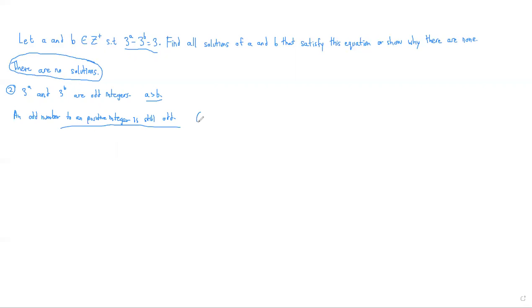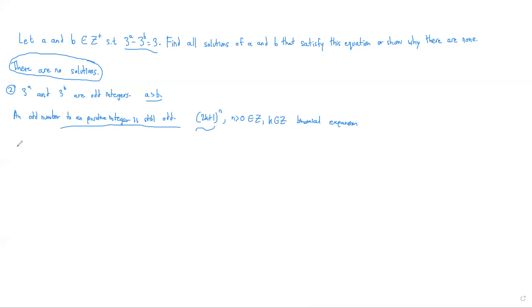You can just say 2k plus 1 to the power of n, where n is a positive integer and k is an integer, and you can just use the binomial expansion. I'm not going to show it here, but it's true. You're going to get an odd value for this. So yeah, this is true.